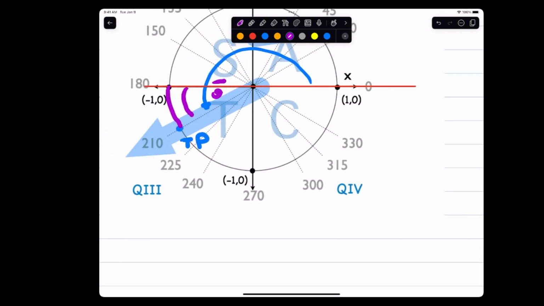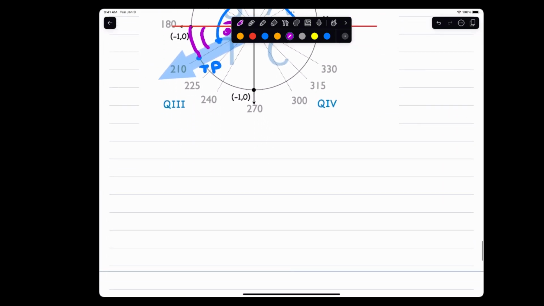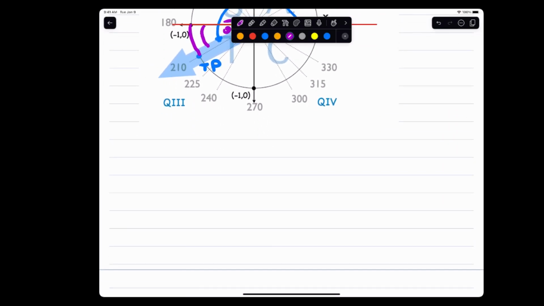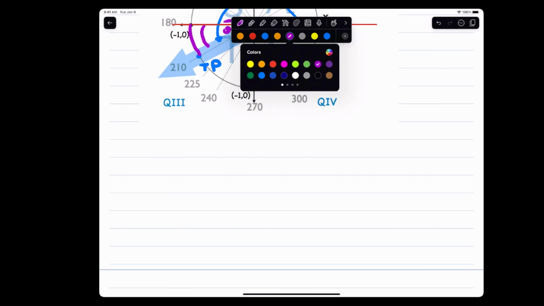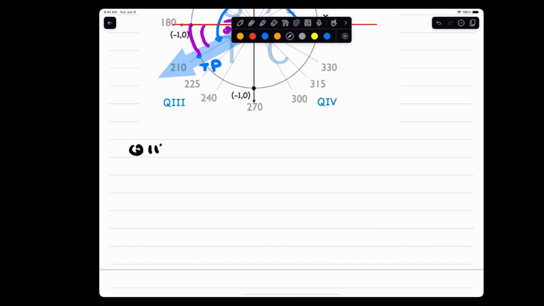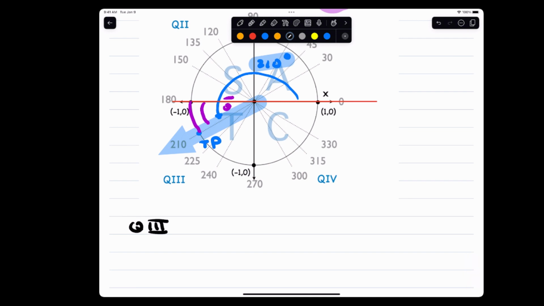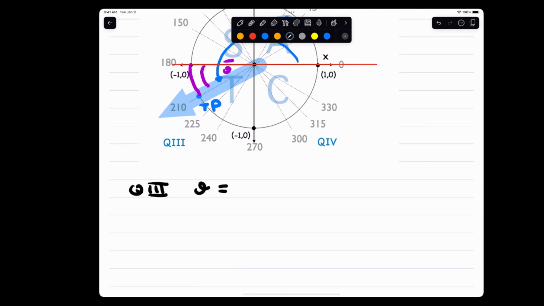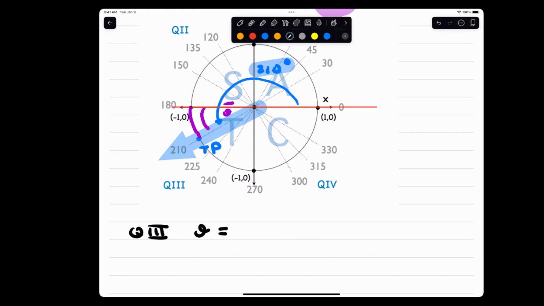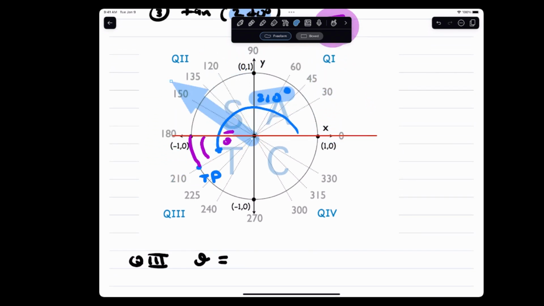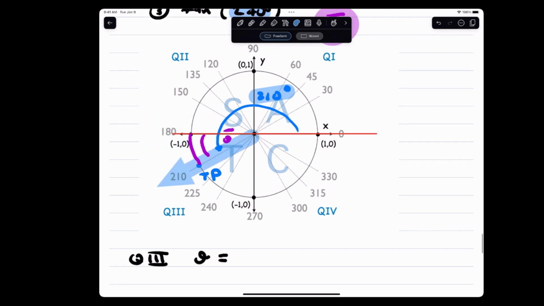So let me show you a formula for quadrant 3. For quadrant 3, this is the formula we want to know. Let's take a look at what I did. The angle theta for any quadrant 3 angle is going to be what? 180 plus my reference angle.